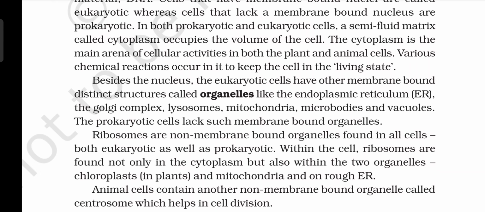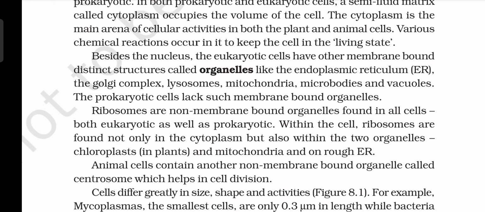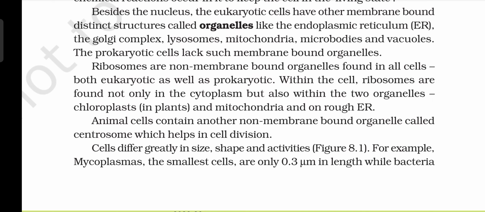Besides the nucleus, eukaryotic cells have other membrane-bound distinct structures called organelles, like the endoplasmic reticulum, the Golgi complex, lysosomes, mitochondria, microbodies, and vacuoles. The prokaryotic cells lack such membrane-bound organelles. Ribosomes are non-membrane-bound organelles found in all cells, both prokaryotic and eukaryotic.